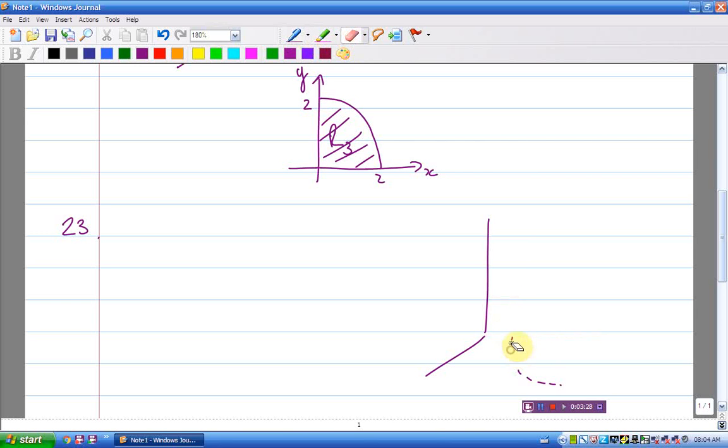It wasn't a very convincing curve. Let me try and draw it a bit better. Okay. So that parabola in the xy plane, if you extend it upwards, forms a parabolic sheet. We're only interested in a piece of that.